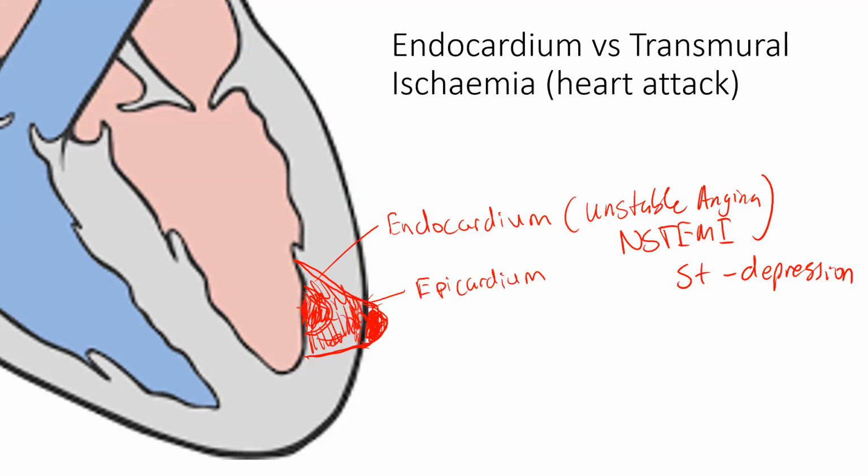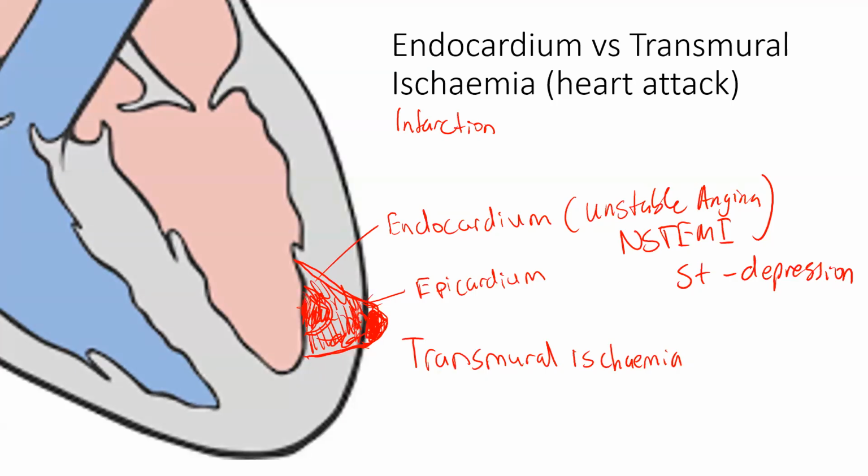And the moment it's deprived of oxygen, we call this a transmural ischemia. If you're wondering what the difference is between ischemia and infarction, ischemia is basically oxygen being deprived to the cells. Infarction is when there is active cardiac cell death.